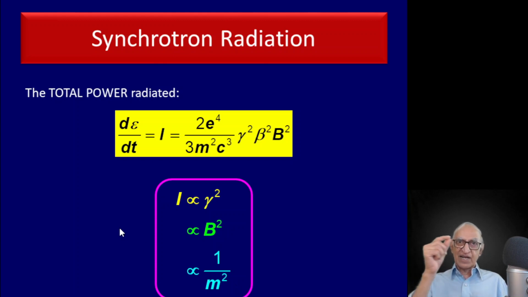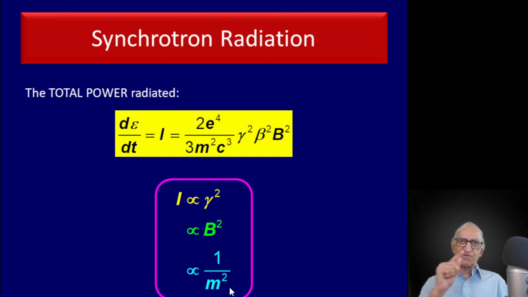Therefore, if an electron is going around in a magnetic field, and if a proton is going around in the same magnetic field, even if they have the same energy, the radiation from the proton will be 1,000,000 times less, because this intensity of radiation is proportional to 1 over m squared, and the proton is 2,000 times more massive than the electron, and the square of that will give you a factor of 1,000,000 in the denominator.